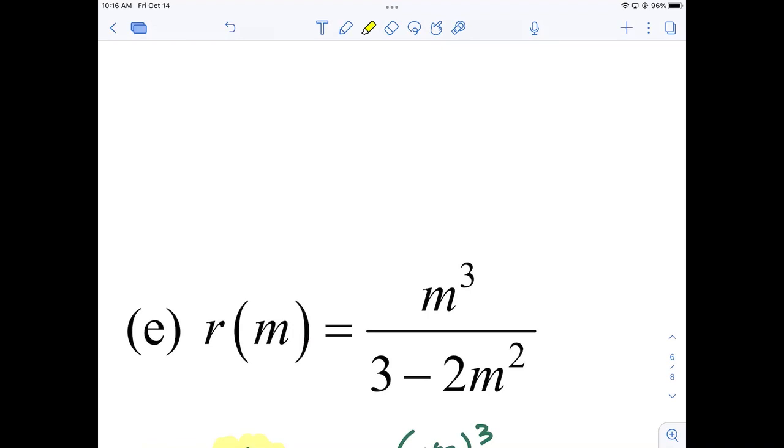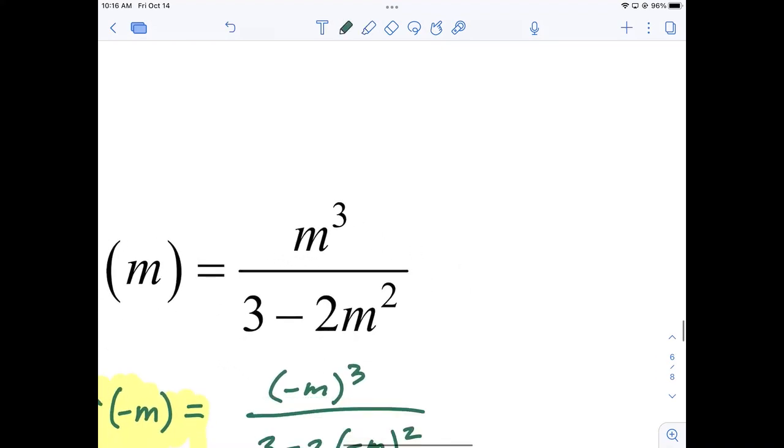So I'm going to write over here. This is an odd function divided by 3 minus 2m squared. If I were just looking at that one by itself, would that bottom function be even, odd, or neither? And don't say neven. Even.